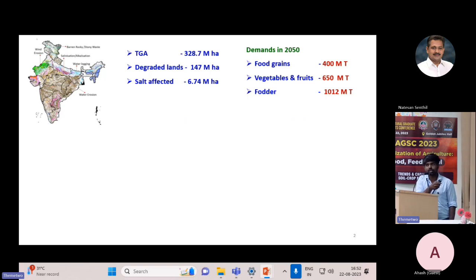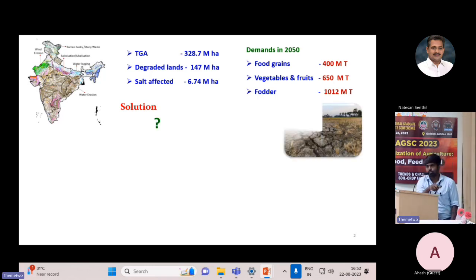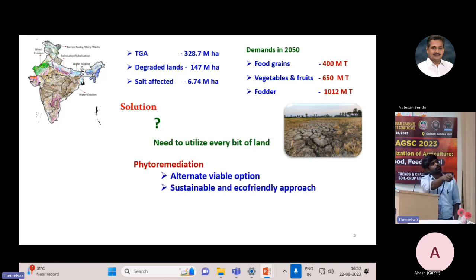What do we have to do? What is the solution for that? The solution is the biggest question mark. We have to utilize every bit of land present in our country.